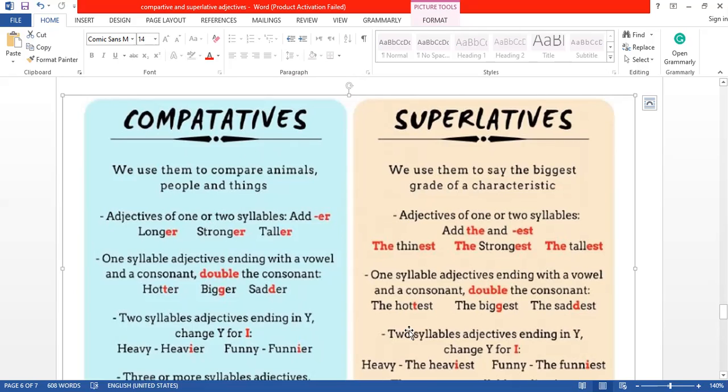And if we have a CVC word or adjective, we double the last consonant at the end. Hottest, biggest, saddest. The same thing here. Okay, guys.